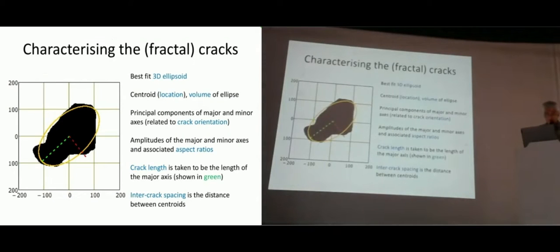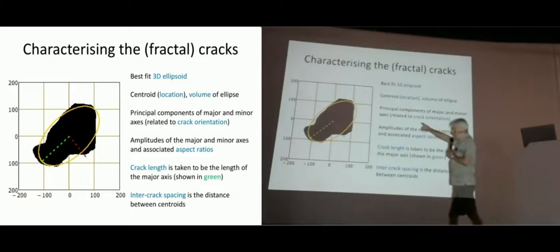And then you've got these segmented cracks, so how do you characterize them? What we've done is take a best fit ellipsoid through these fractal objects, so that we can extract parameters consistently for the crack population.